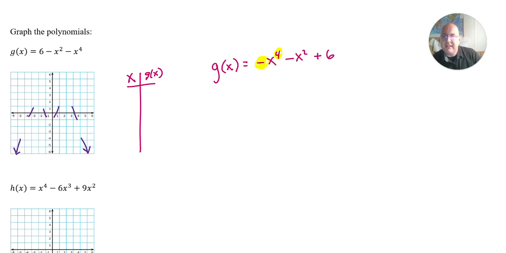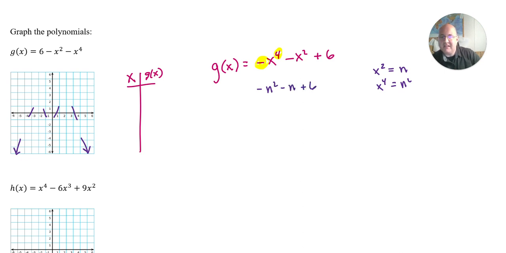Okay, now I'm going to think about factoring this, and we did factoring before with something weird like this. Remember what we'd said? We said, well, let's make x squared equal to n, and let's make x⁴ power equal to n squared, right? So n and n squared, x squared is x⁴ power. So we can change this to negative n squared minus n plus 6.